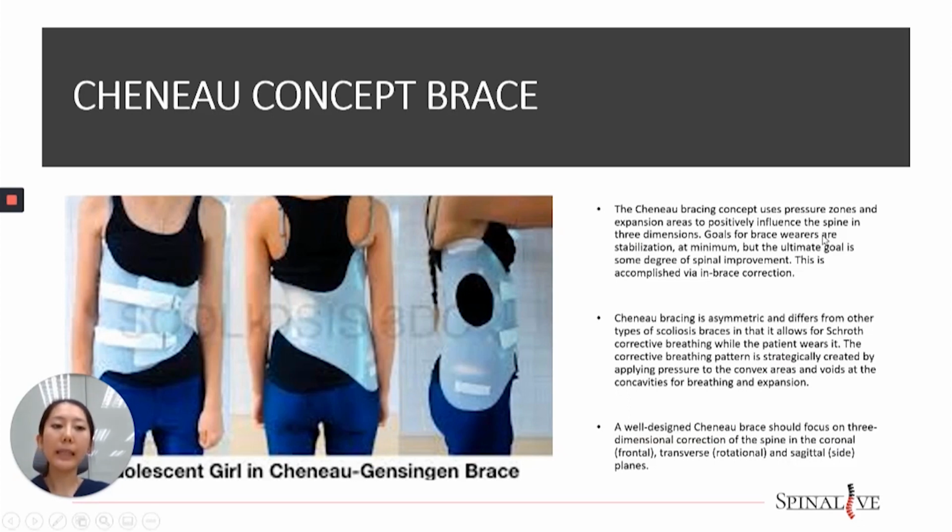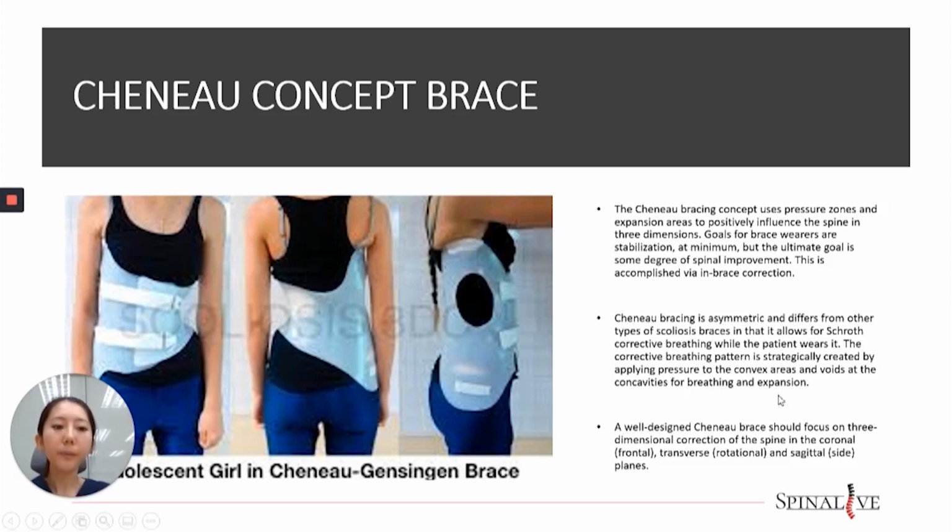Chenot concept means using pressure zones and expansion areas to positively influence the spine in a three-dimensional way. So goals are generally to stabilize, and also to improve the spinal degree. So you want to reduce the degree of angle, and you'd like to stabilize the curvature as well.